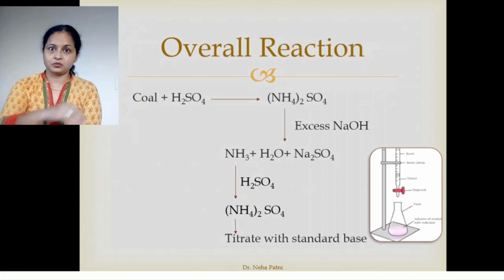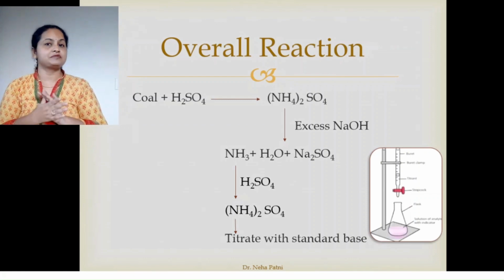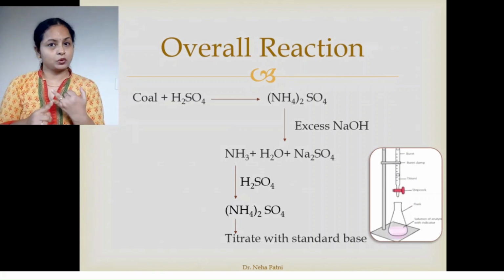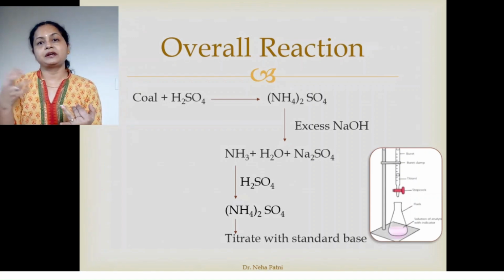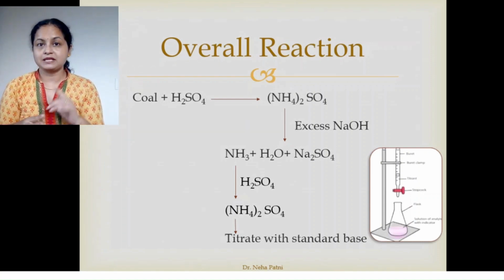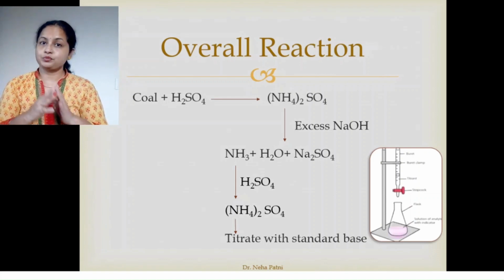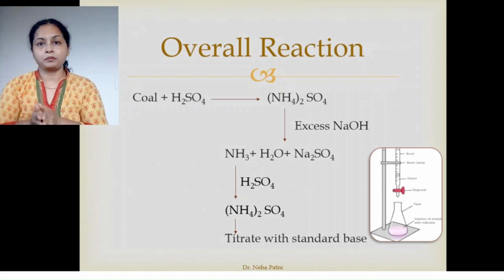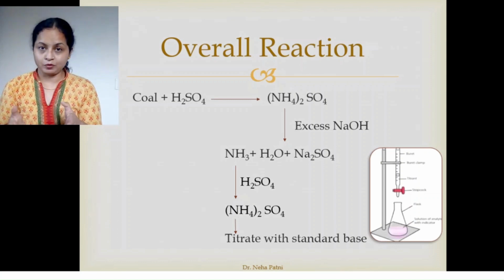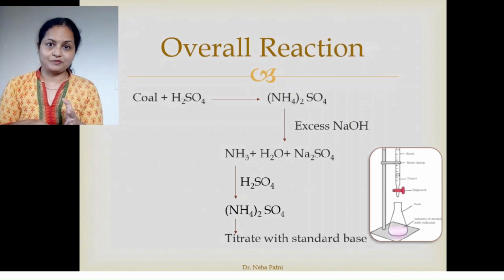Now let's see the overall reaction. What is happening here is you have taken a coal sample and in coal you had nitrogen. So when you have added H2SO4 to it in the Kjeldahl flask, the nitrogen has reacted with it and forms ammonium sulfate. And to purify and extract it properly, you have taken it in a round bottom flask and heated it with excess base NaOH.